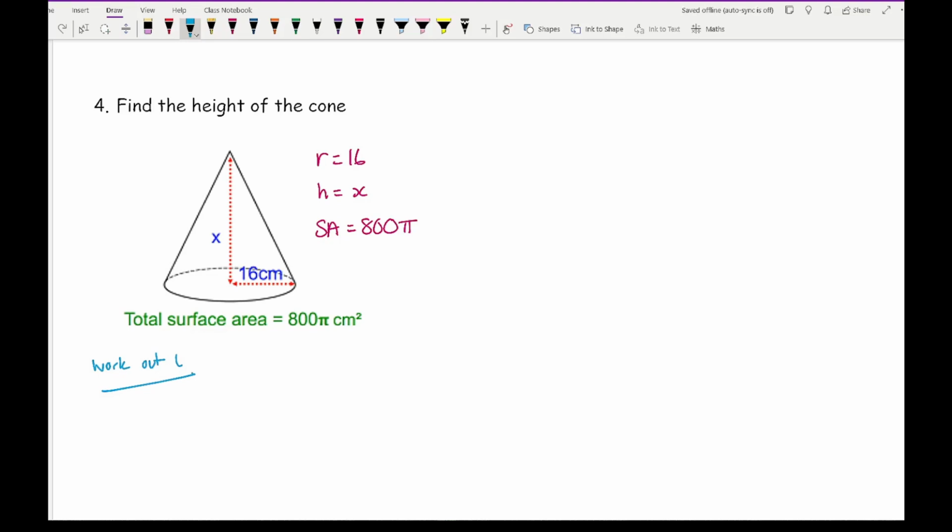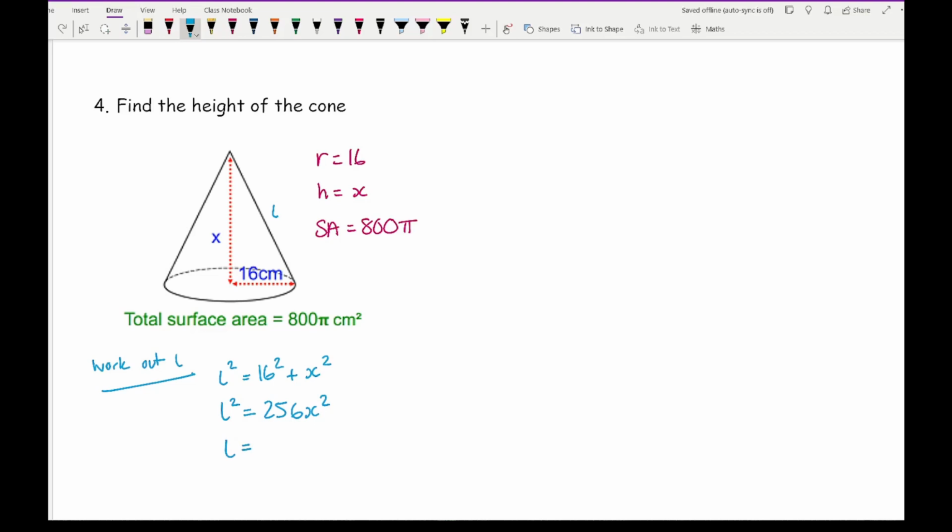Looking at this, if I label this L, then we know that L squared equals 16 squared plus x squared. So L squared equals 256 plus x squared. And so L is going to equal the square root of this.